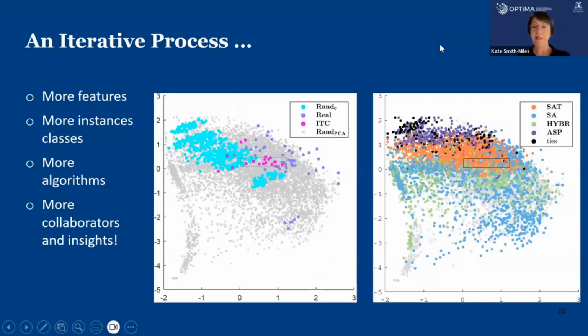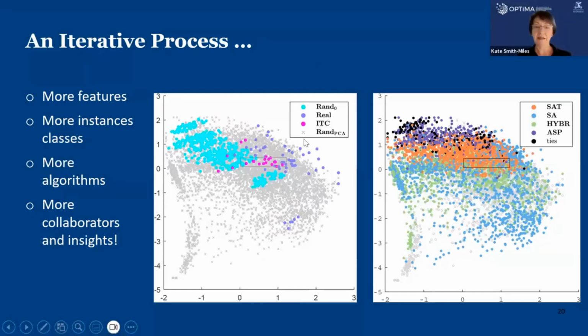Okay. As I said, it's an iterative process. We don't just stop there. We think of new feature ideas, maybe more instance classes. We want to fill the space. There were gaps there. Different algorithms, and often this goes on over several years as we keep learning more and more. And so I did that with some collaborators in Vienna and University of Udine.